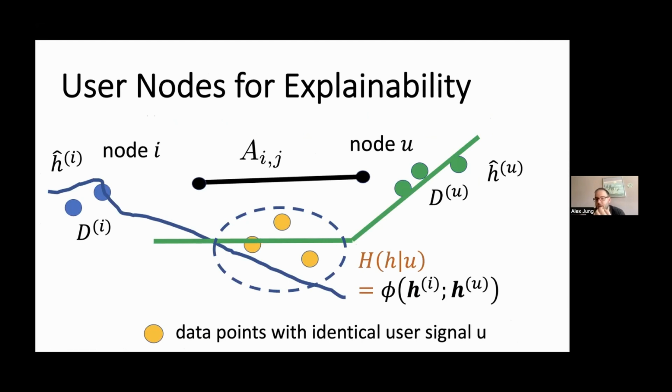So the user signal would be constant for this test set. So what we could then use is the variation of the predictions on this test set as a regularization term within GTV minimization. So this is, I would say, a quite elegant way to bring explainability into this GTV minimization framework.